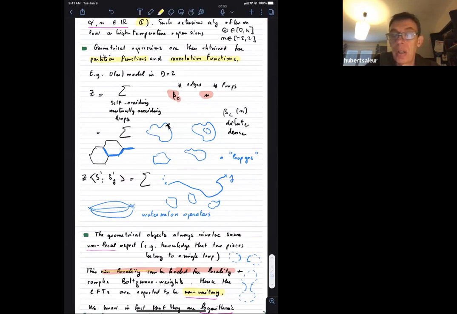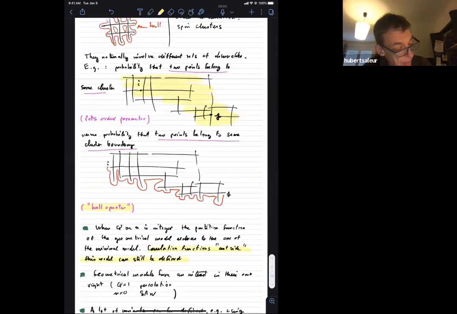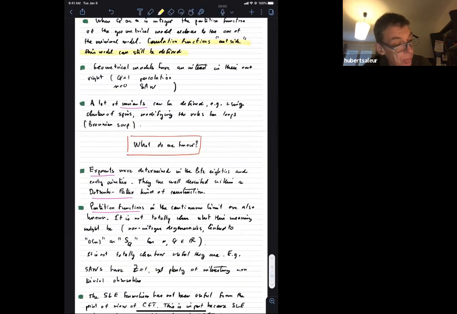And you could decide that maybe Brownian loops are not allowed to overlap, or they're allowed to overlap in some way. This gives rise to a set of other models, some of which can be studied mathematically rigorously. In particular, the Brownian loop soup, I think, is something that hasn't been studied enough in the context of CFT, and that's one of the topics I would like to understand a little bit better myself.